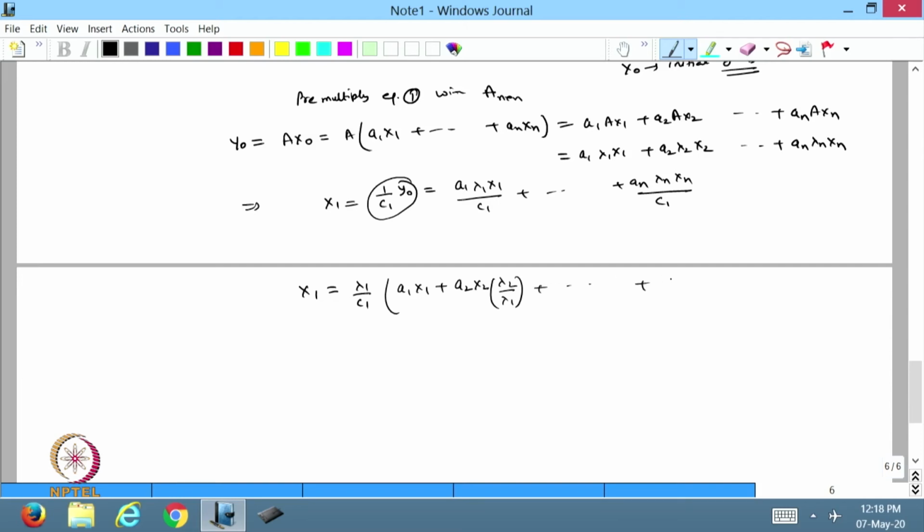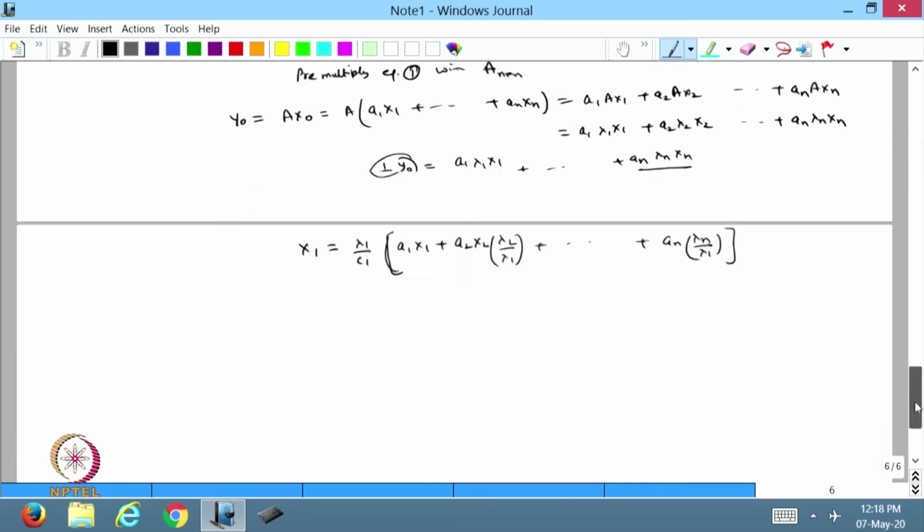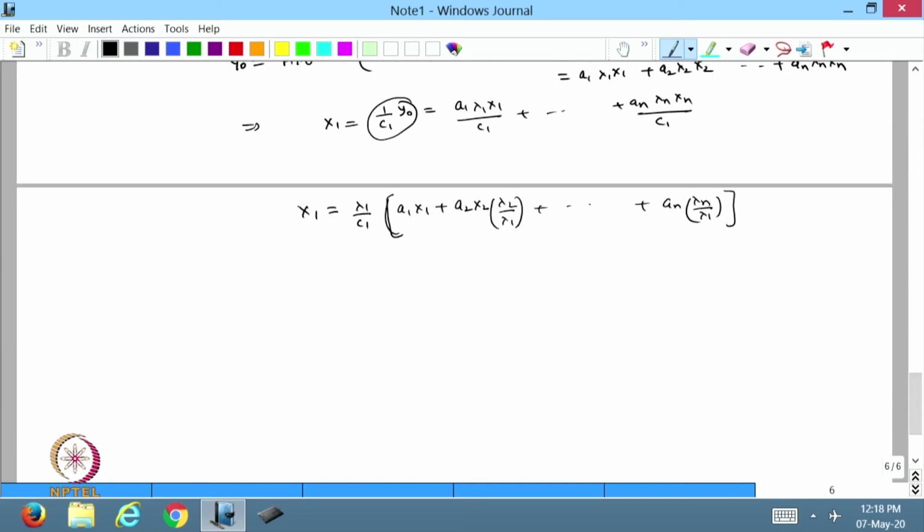In the end I will get An lambda n over lambda 1. So, C1 I have taken common, and I will take lambda 1 also common from all this.